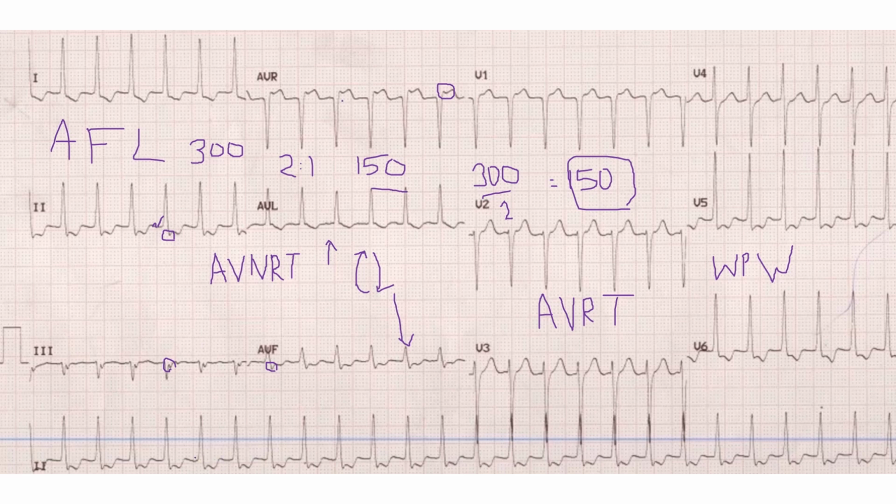You have to look carefully for flutter waves between the QRS complexes, but definite flutter waves are not seen here. But it may not be very easy. Sometimes flutter waves may be masked by QRS complex or T waves.